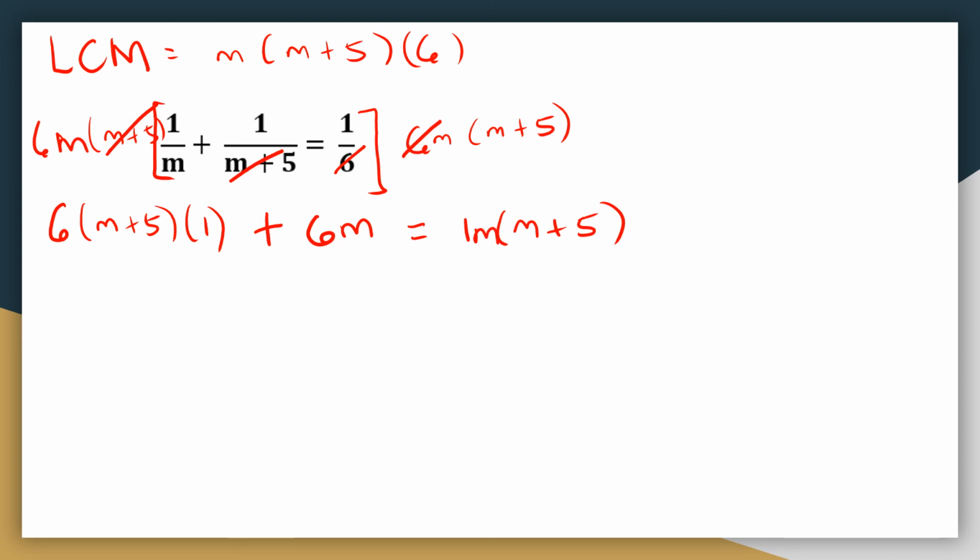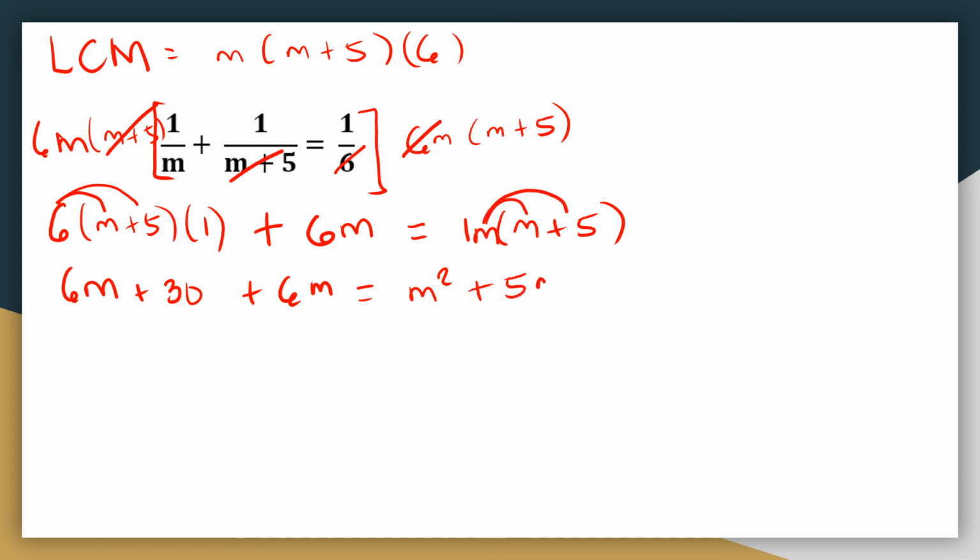So we simply multiply 6 times m, 6m, 6 times 5, that is 30, times 1, it's just the same value, plus 6m, equals m squared, that is m times m, then m times 5 is plus 5m.